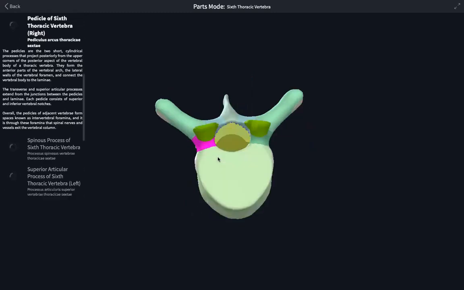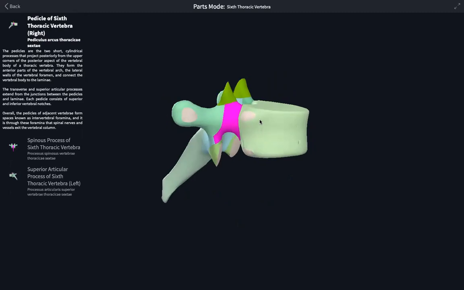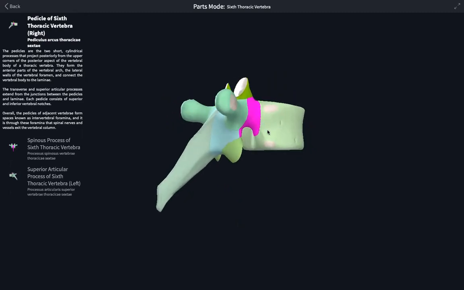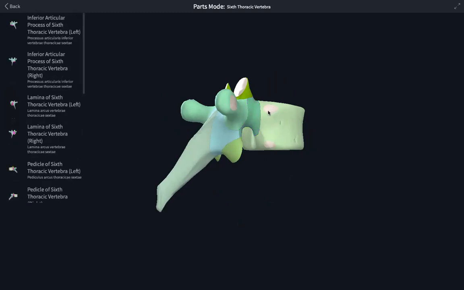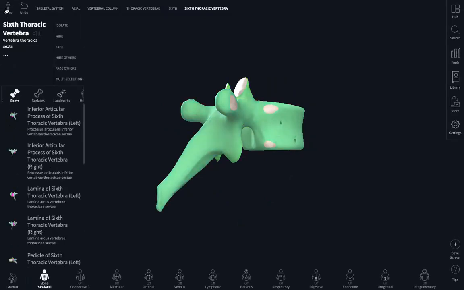Now, if you see here, can you see these white colored spots here? Wait, I'll move on to the surfaces.